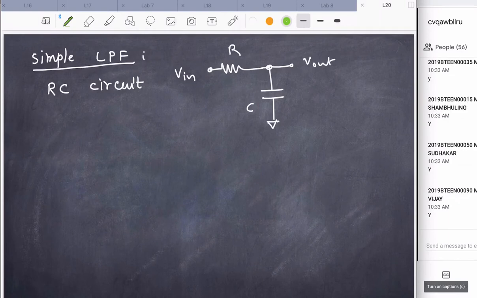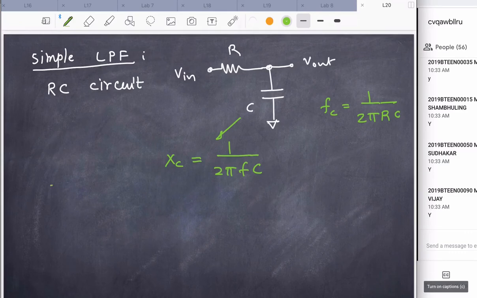Anyway, so the cutoff frequency Fc is equal to 1 upon 2 pi RC. If you look at the capacitive reactance Xc, 1 upon 2 pi Fc, this is the capacitive reactance.